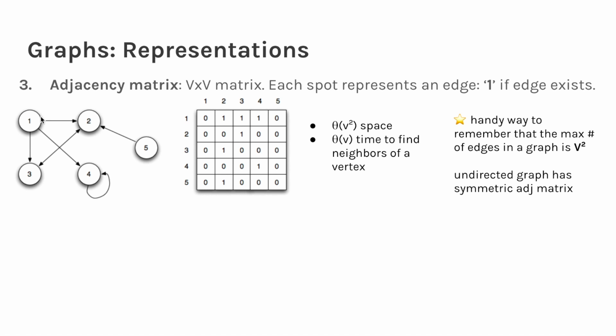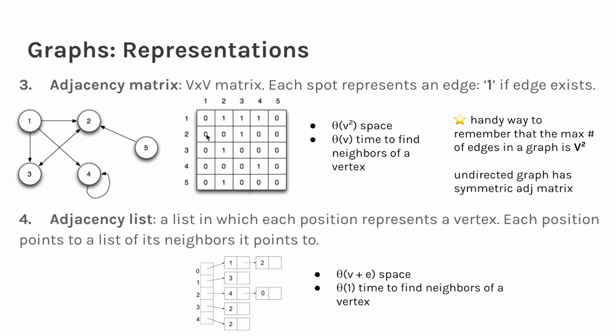If all these lines were undirected, then an edge from 1 to 2 also means we have an edge from 2 to 1. So if we have a 1 anywhere, then we'd also need a 1 on the symmetric opposite side. An edge from 1 to 2 means we would also need a 1 here for the edge from 2 to 1, etc.